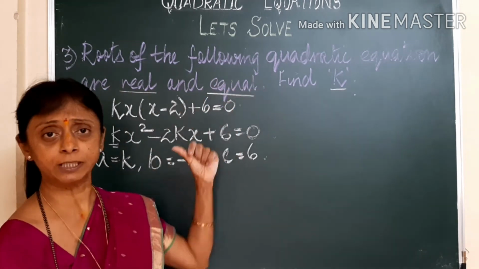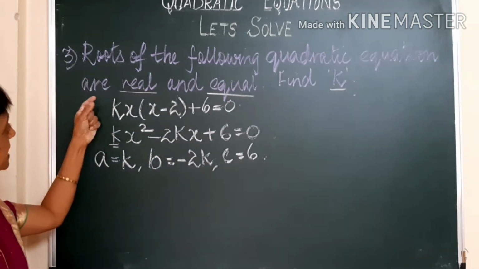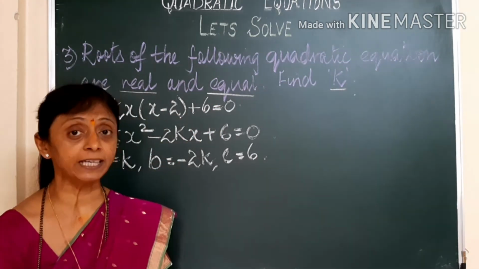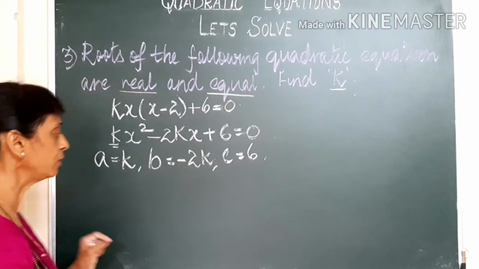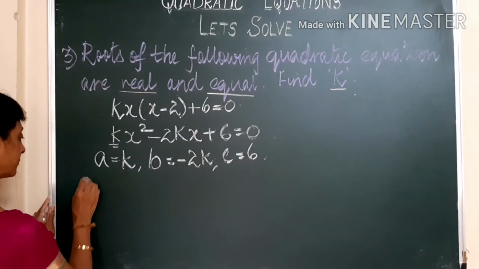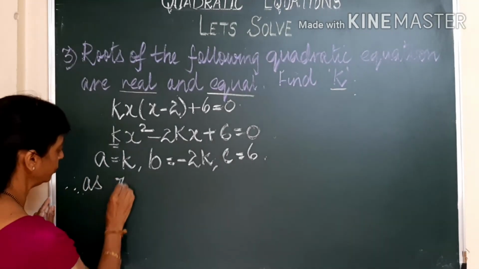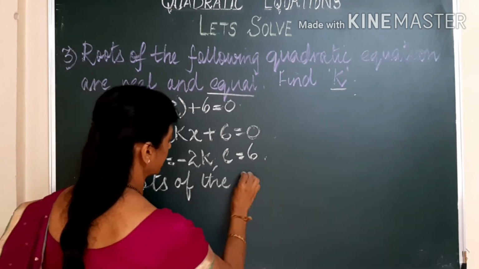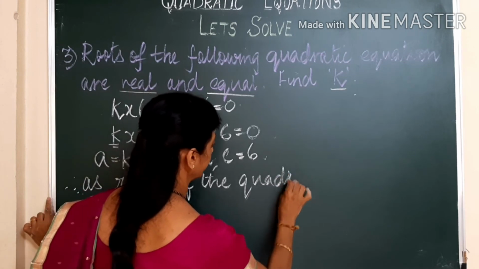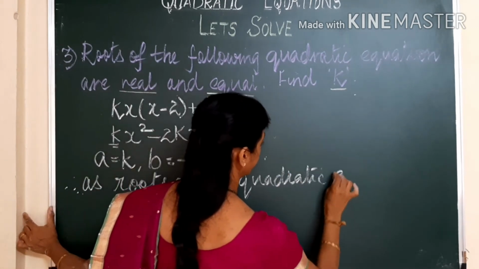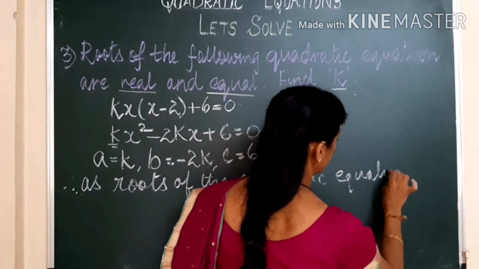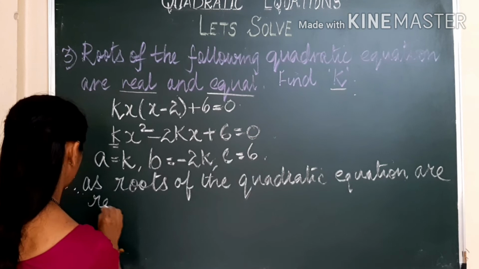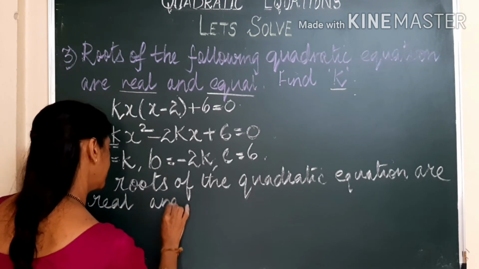The roots of this particular quadratic equation are real and equal. That means b square minus 4ac is equal to 0.